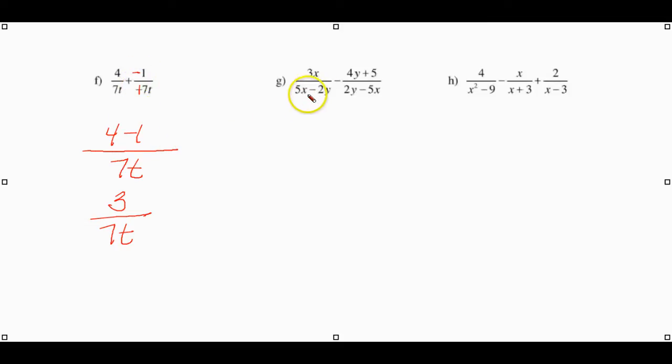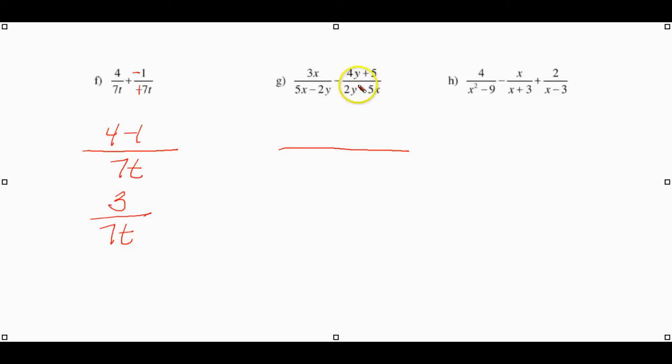All right, so let's take a look at this one. So again, our denominator looks interesting here in that this is 5x minus 2y. This is a positive 2y minus 5x. Okay, so what can we do?